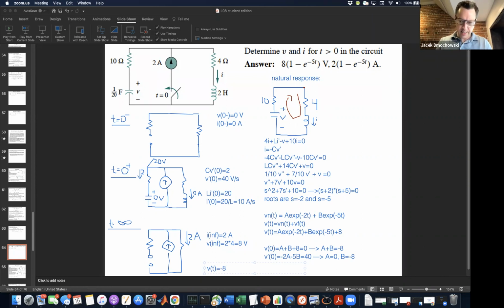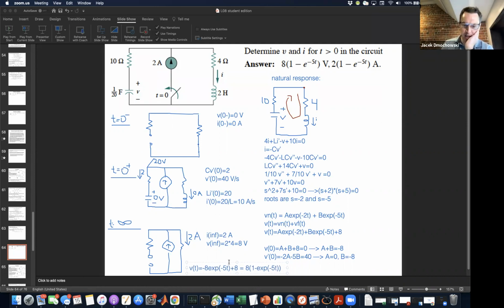So it's going to be -8 exponential negative 5t, sorry, plus 8, because the plus 8 comes here. And so we can factor out the 8. We get 8 times (1 minus exponential negative 5t). So that's our solution for V.